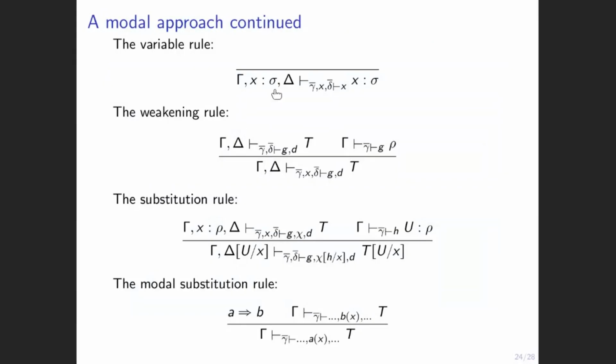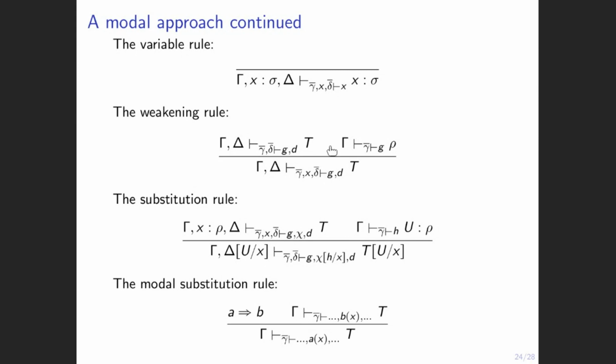So we have a variable rule. We have all the variables from gamma. We've got this guy x. We've got all the variables from delta. And if we just do this obvious thing and produce x and sigma, then it's just using the variable x in the normal way. So we're even accounting for things that we don't normally account for in usual dependent type theory, that's the idea that we're just using x and we're not using any of the other variables.